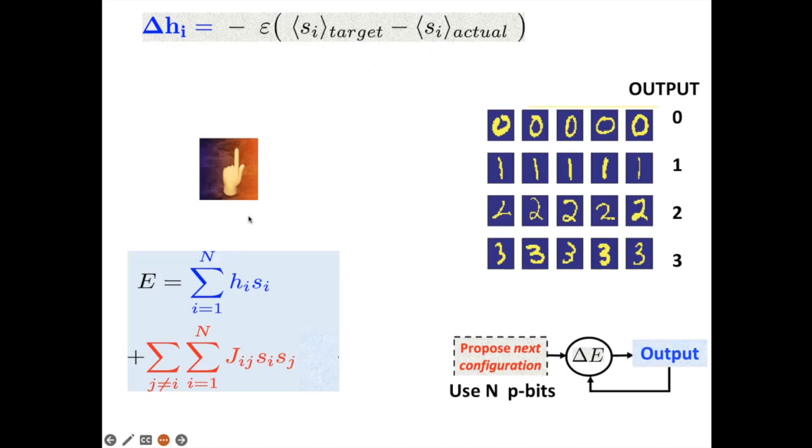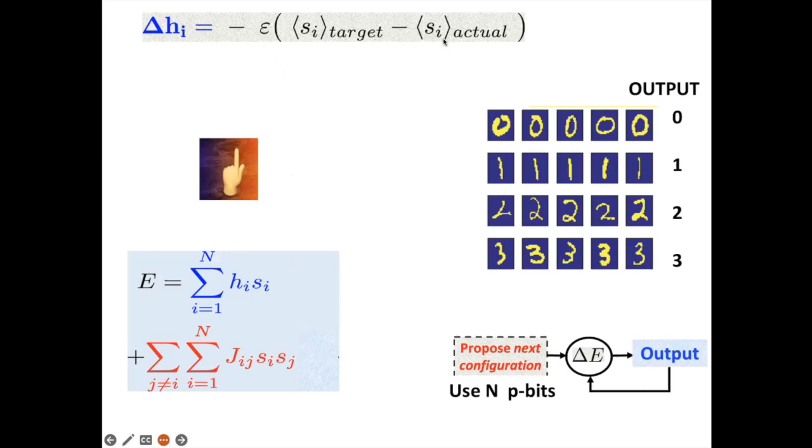The idea is, anytime I increase H, it will tend to emphasize values of S which are lower, and so it will tend to reduce the average value of S. So you can see that if what you're getting is smaller than what you want it to be, you should change delta H with this minus sign.